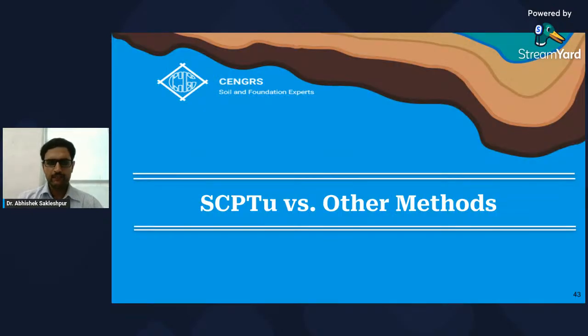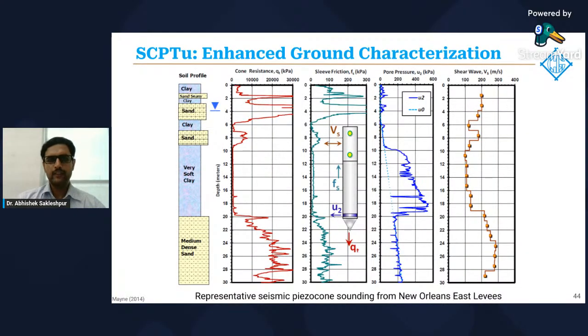Now let's look at the seismic CPTU versus other methods of seismic testing. But before that, just want to briefly recap the benefits of the CPTU. So we can get enhanced ground characterization. So plots of cone resistance, sleeve friction, pore pressure, and shear wave velocity. Note that wherever we have very soft clay, we have very low cone resistance, high pore pressures, exceeding the hydrostatic pore pressure, which is the light blue line that you see here, and low shear wave velocities around 100 meters per second.